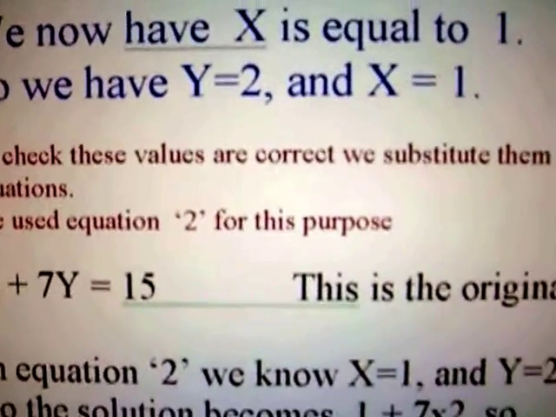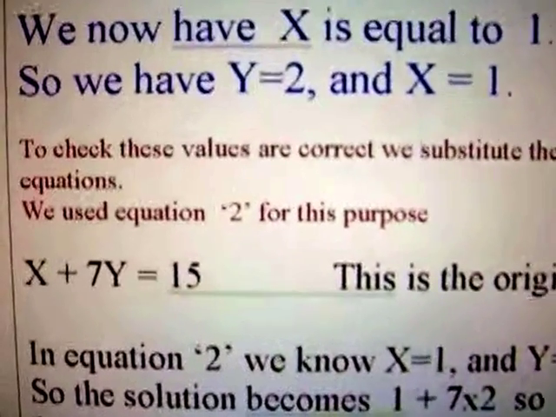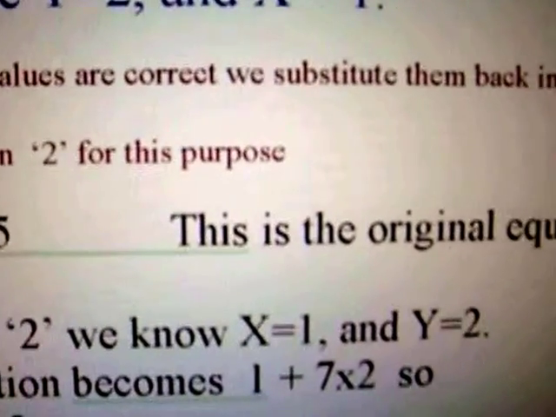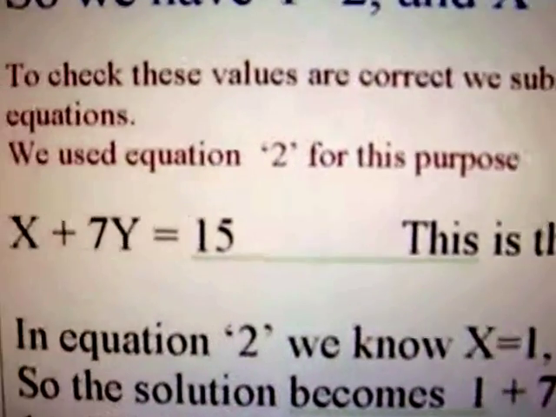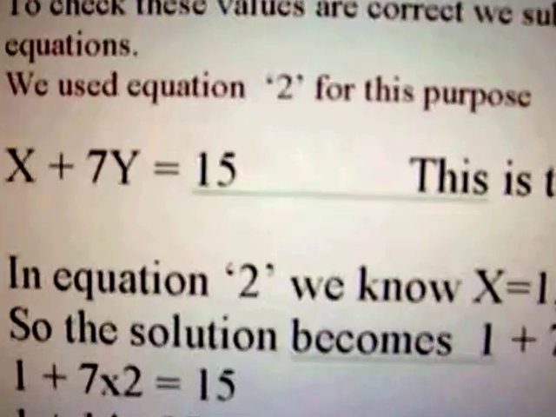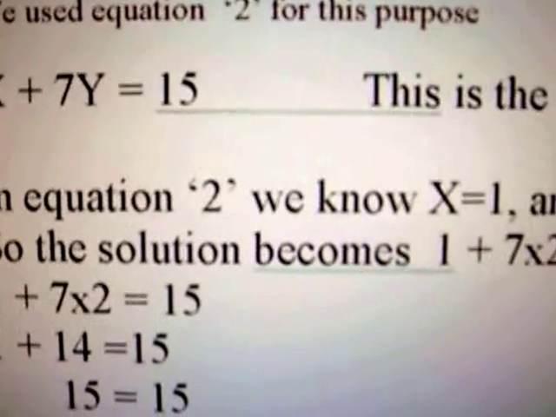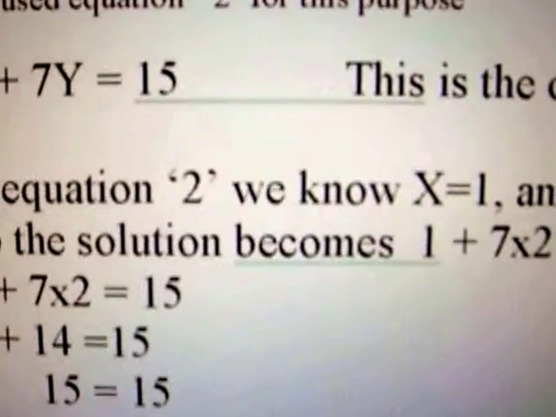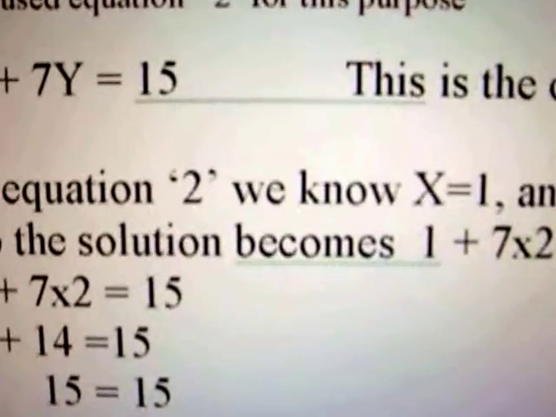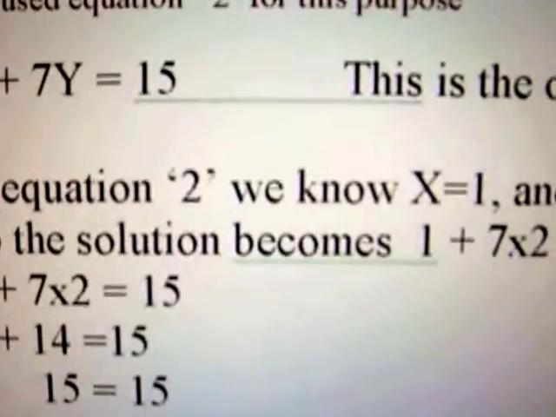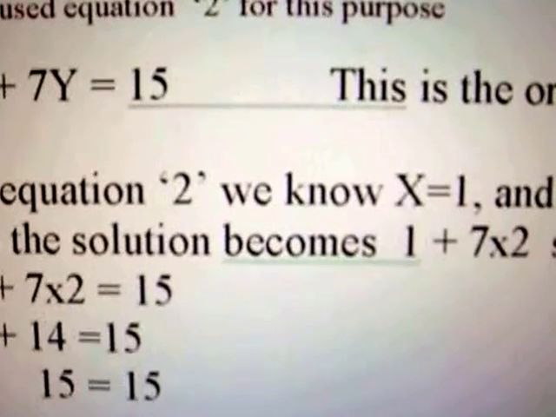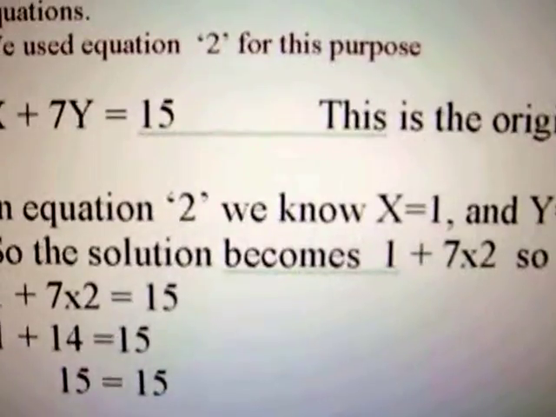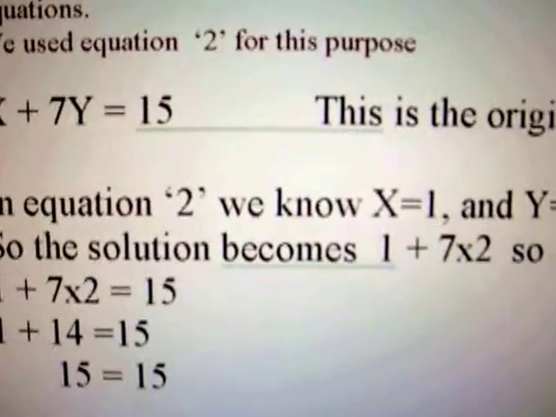To check these values are correct, we need to resubstitute them into the equation. Okay? So what I've done here is to put them into the original equation of x plus 7y equals 15. We know x equals 1 and y equals 2. So the solution becomes 1 plus 7 times 2, so 1 plus 14, because 7 times 2 is 14, equals 15.